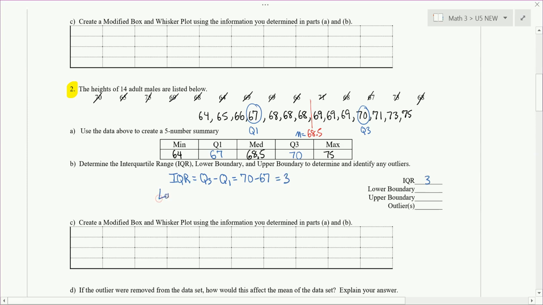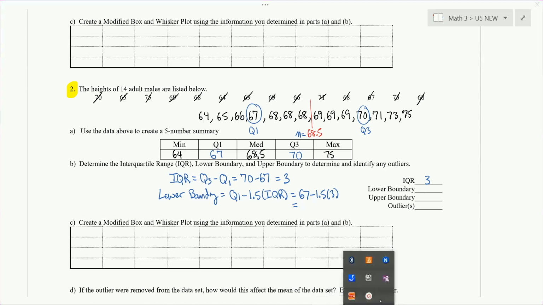Your lower boundary is going to be Q1 minus 1.5 times your IQR, which is 67 minus 1.5 times 3, which is 62.5.